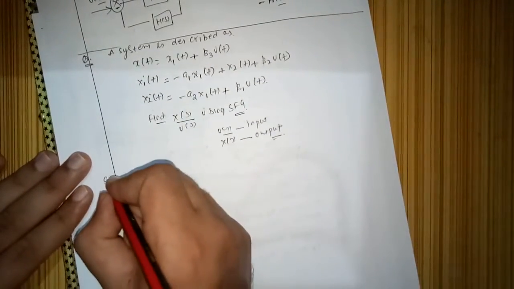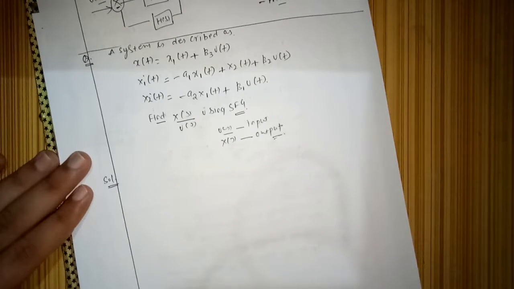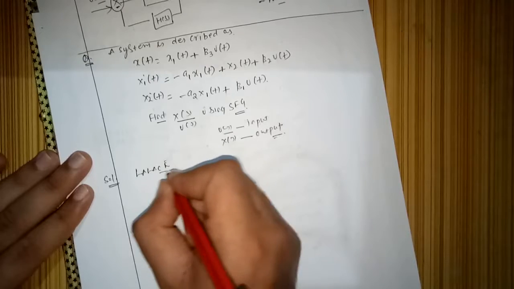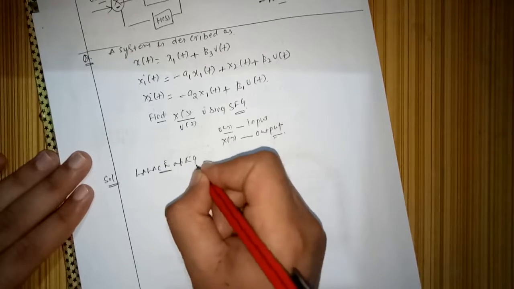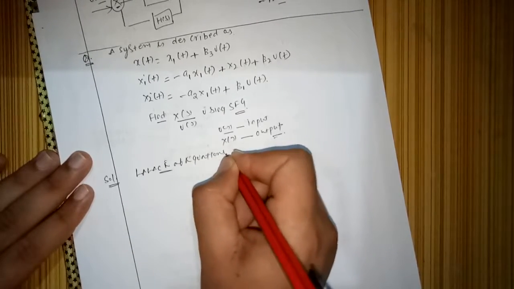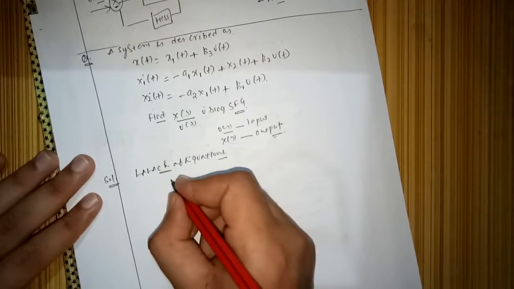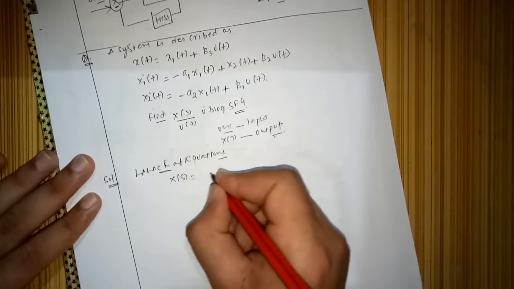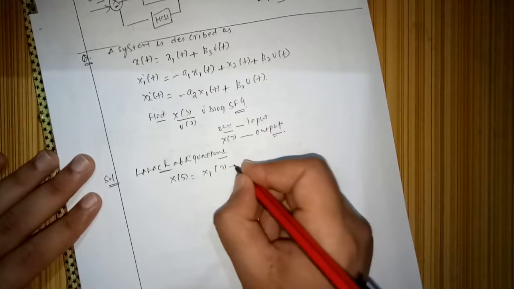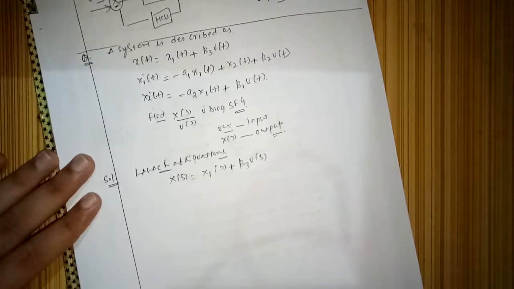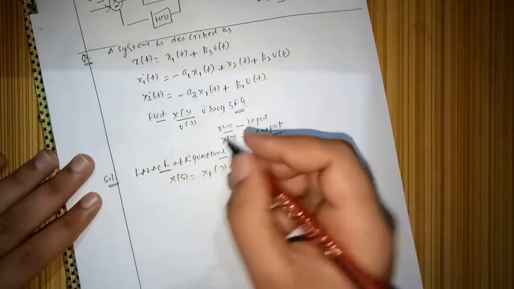So let's look. First of all, solution: we take Laplace of equations. First we will take Laplace of all these three equations. So let's see, X(s) is equal to x1(s) plus beta 3 U(s), right? And this is the first equation.